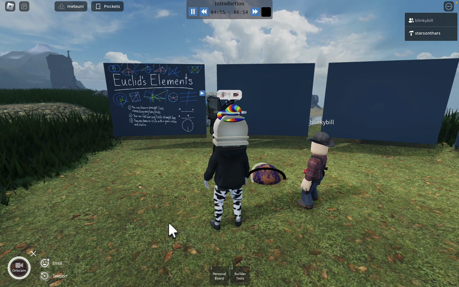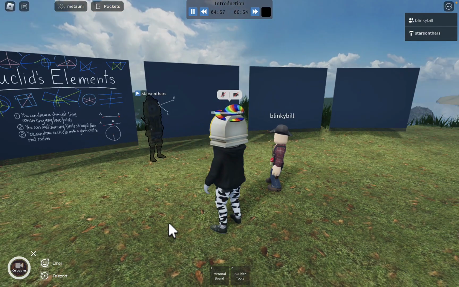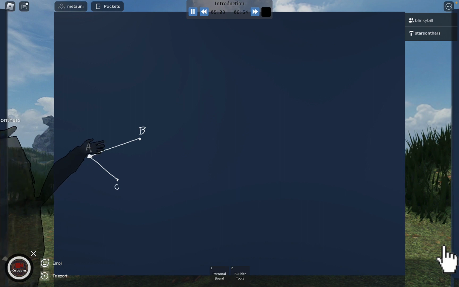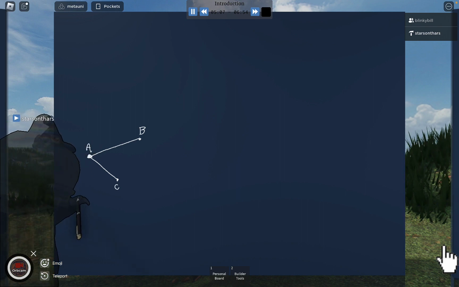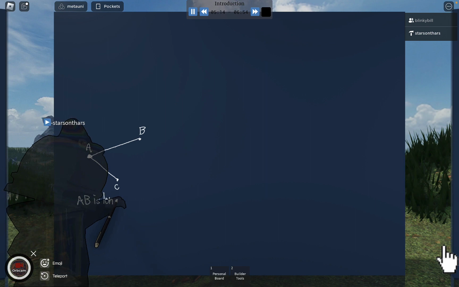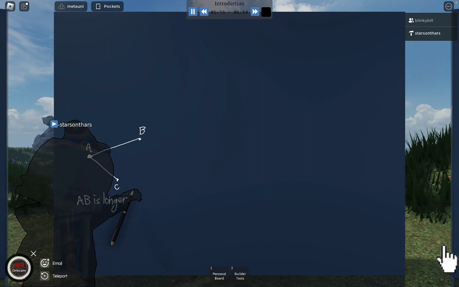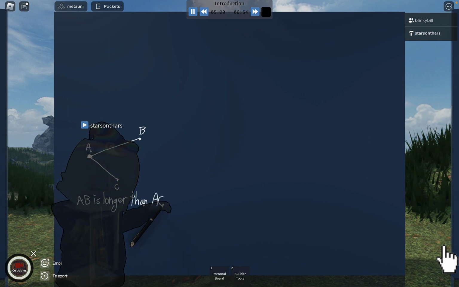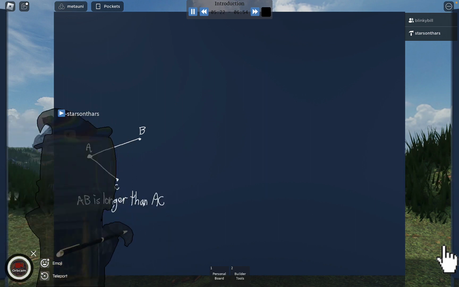Which of these 2 straight lines is longer? Well, that's easy. Obviously, it's AB, right? So AB is longer than AC. We didn't have to think about that one.